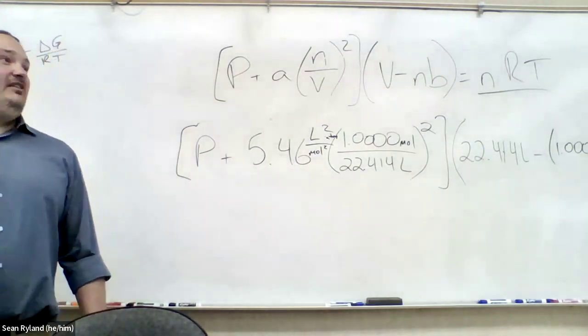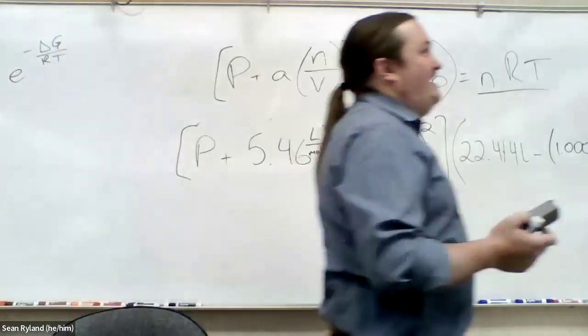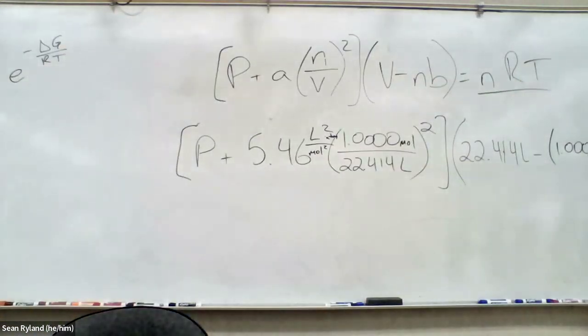And they don't make tables of van der Waals constants for combined gases. You would actually need to have a different A value for each of those three terms. If we had that mixture of argon and water, each one of them is going to have a different A value. And I've never seen, I'm sure that there's a table somewhere in the textbook that has mixed van der Waals constants, or van der Waals constants for mixed gases.